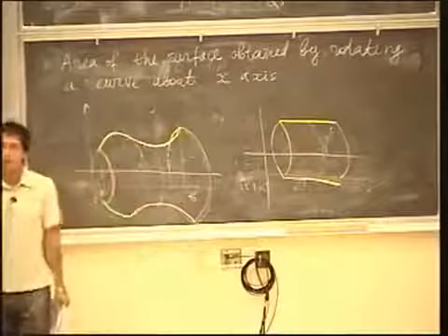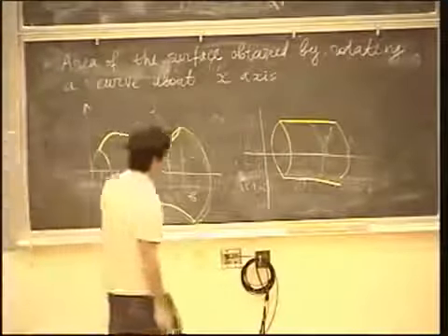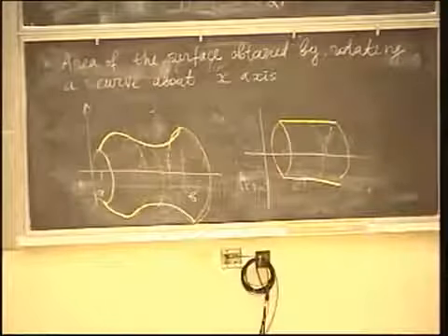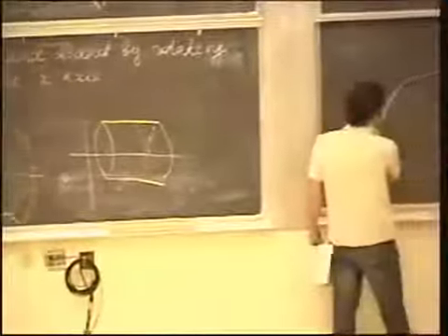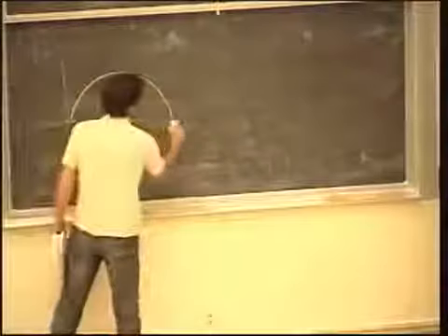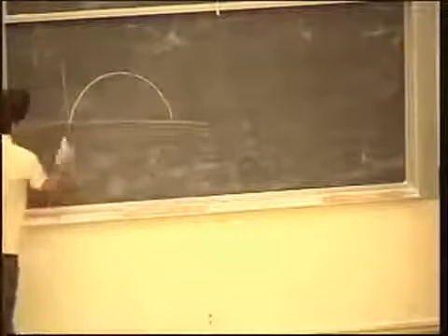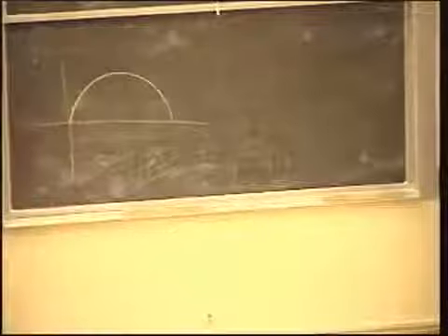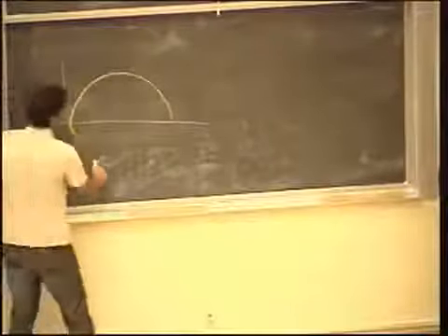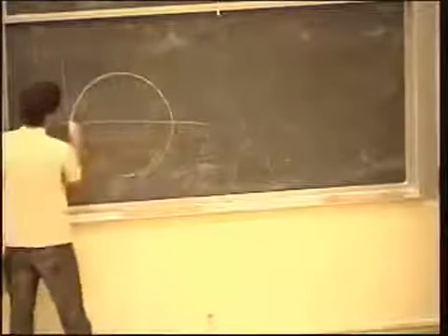Another example is actually a sphere, because you can think of a sphere as a surface of revolution of half a circle, because if you start with half a circle, which has the endpoints precisely on the x-axis, when you rotate it, you're going to get a sphere.